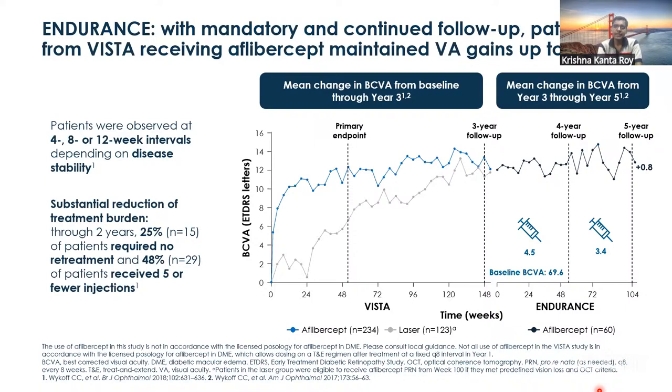Now, the Endurance study is the follow-up study of VISTA for up to 5 years. This study also shows that aflibercept effect is maintained. So that means aflibercept's effect is not only maintained for a short time, it also maintains the visual acuity or visual gain up to 5 years. So this is durable also.